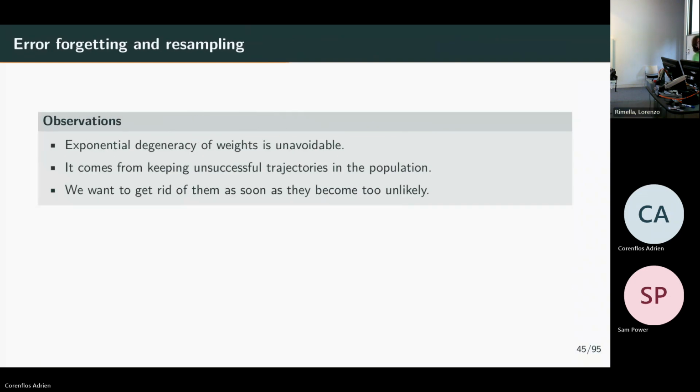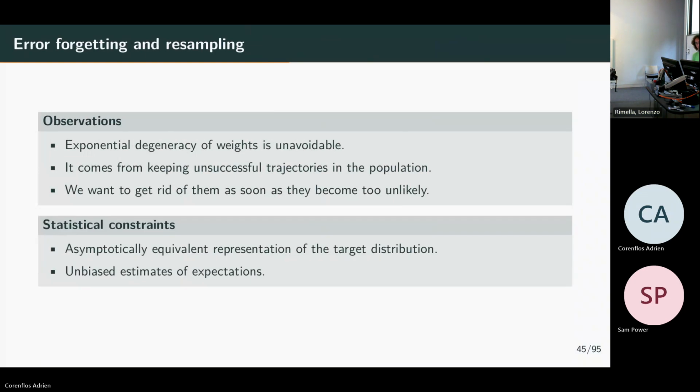Now, if you think of the problem, it typically comes from keeping trajectories that were not adapted to our problem, instead of discarding them as being useless. We just want to get rid of them as soon as we can. When I say we want to get rid of them, we want to do that in a statistically coherent manner.